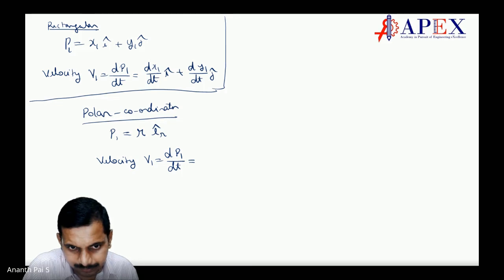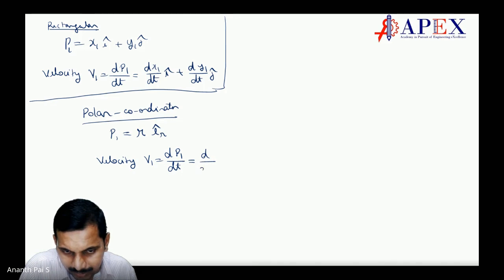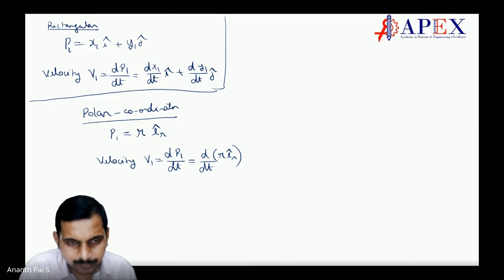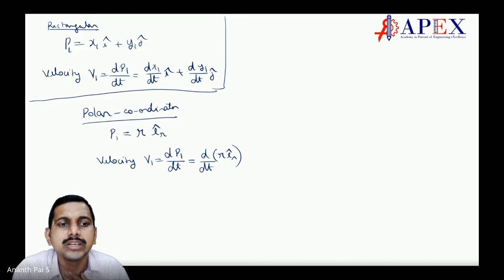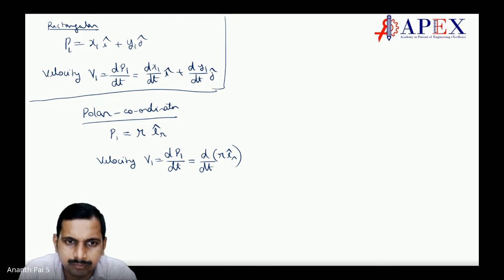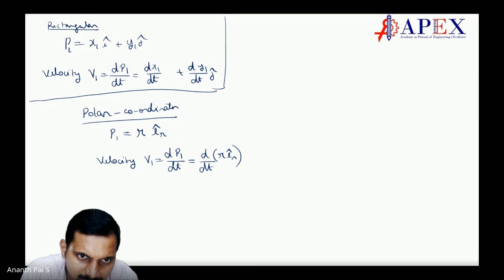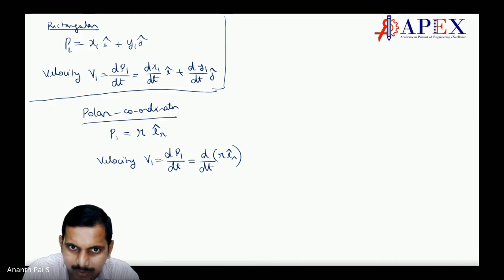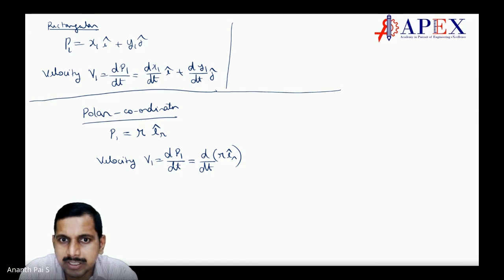What is that? It is d by dt of R into ER. Now in the rectangular case, i does not vary with time, is it not? We can take it outside. Now what happens if I say dP1 by dt?